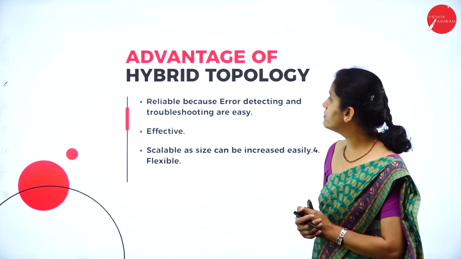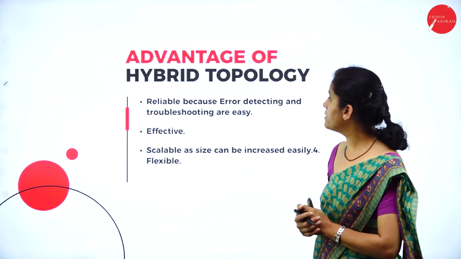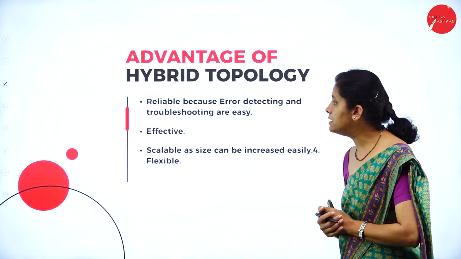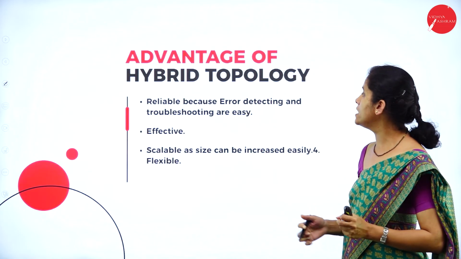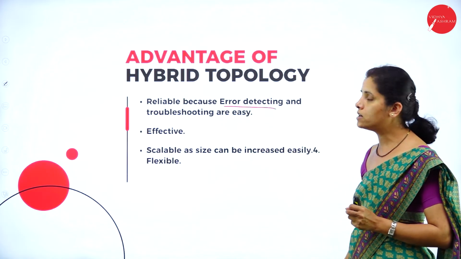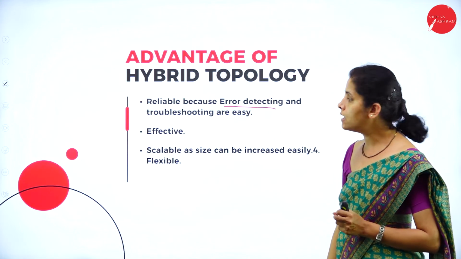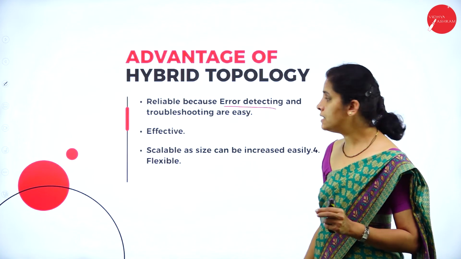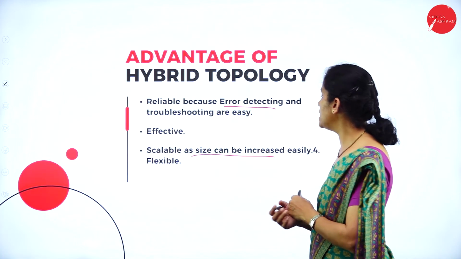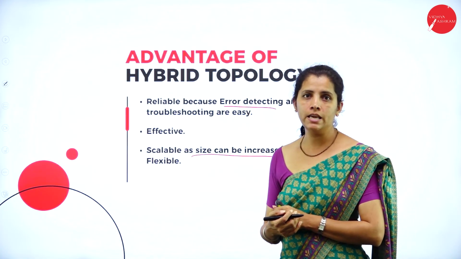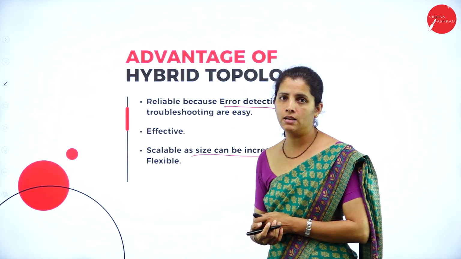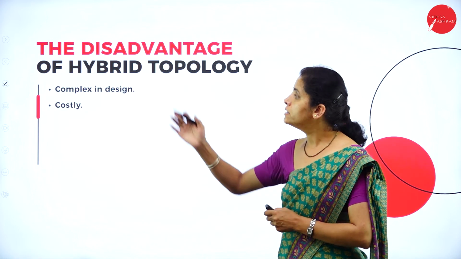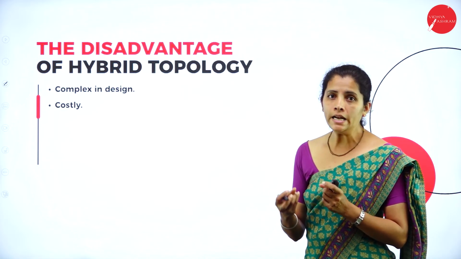Now, I'm going to have the advantages. What is my first advantage? It is reliable. In the sense, it's very easy to identify the error and clear the error. It is also effective, scalable, as size can be increased easily, and it is flexible. Now, I have the disadvantages, that is complex in design.